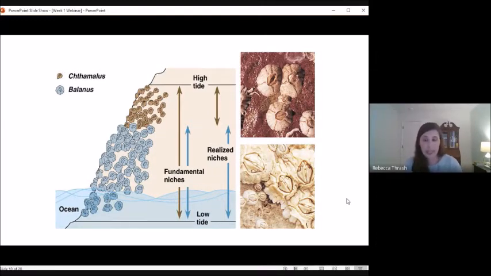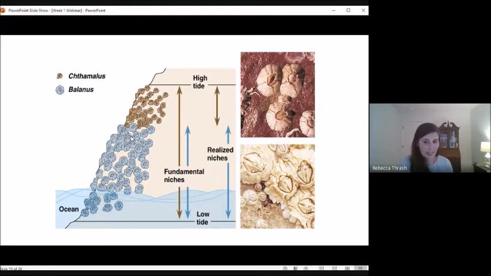So in this case, I've got two different species of barnacle here. For the theoretical range of the niche, the fundamental niche, this species could be found at any of this height, right, of this little tidal area. And then this species here could be found here.